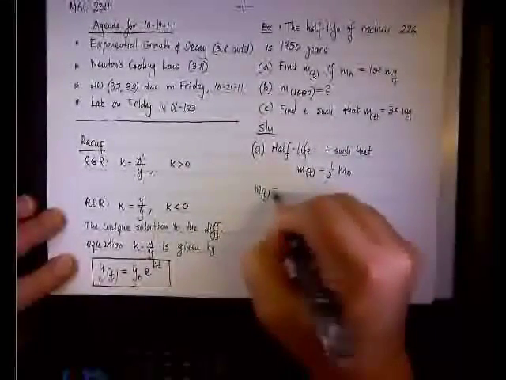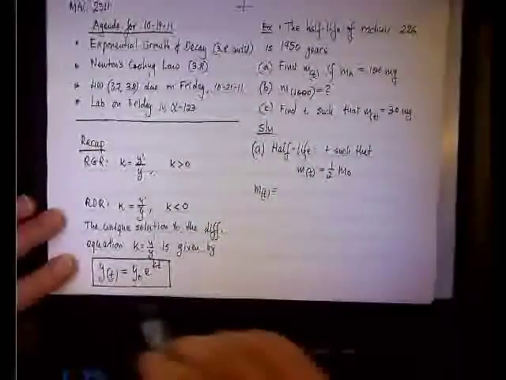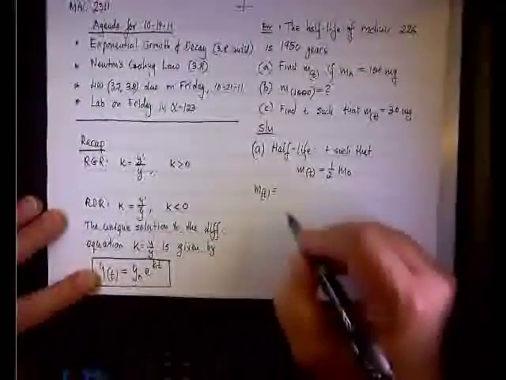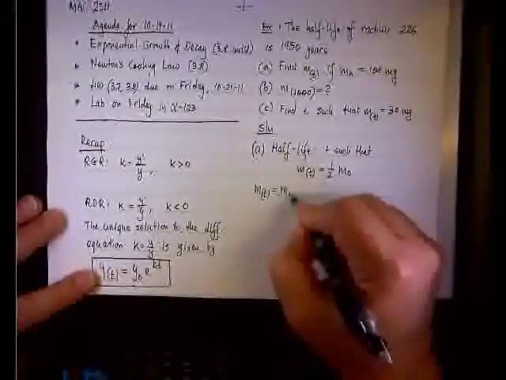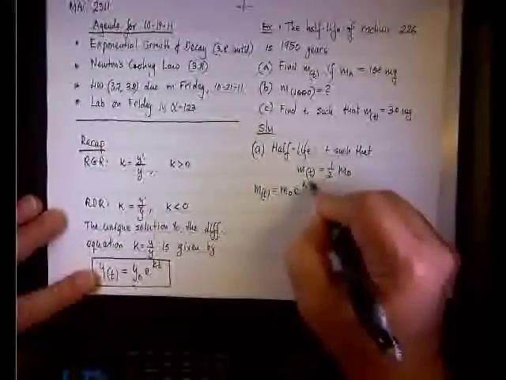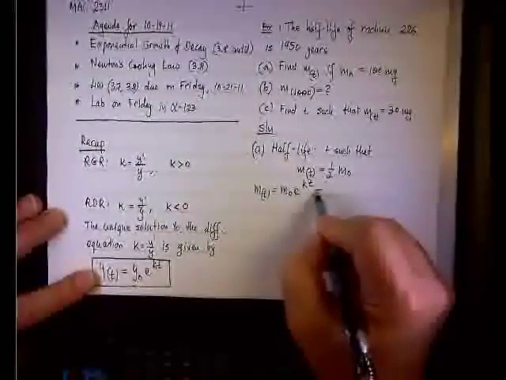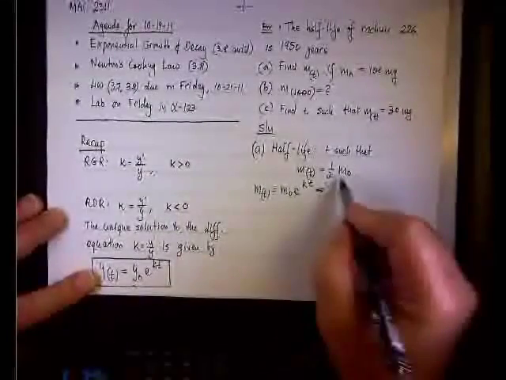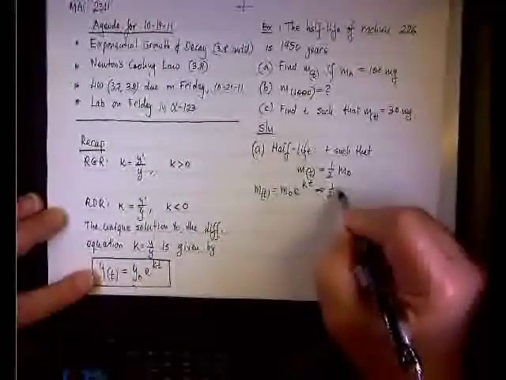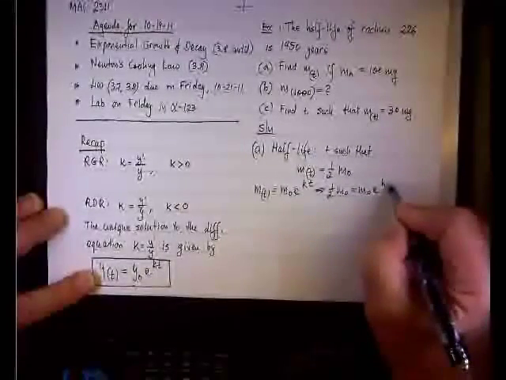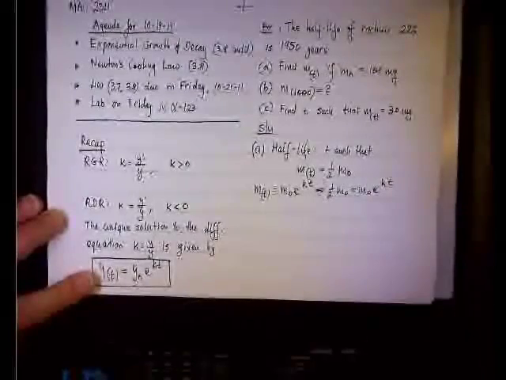Well, if we assume that this behaves exponentially, then m of t, the solution to the differential equation, is m sub 0 e to the kt, and therefore we substitute m of t with 1/2 m sub 0, and we have 1/2 m sub 0 equal to m sub 0 e to the kt.